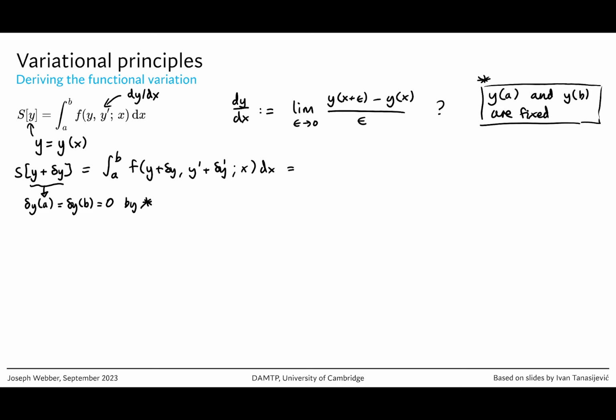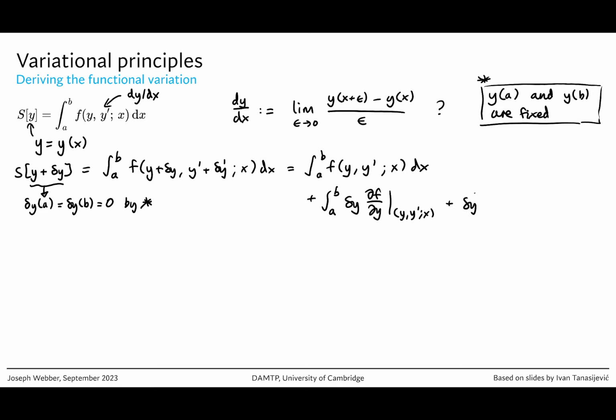So okay, let's Taylor expand this function inside the integral to first order in both delta y and delta y prime. So doing that, we're left with what we started with in the first place, plus these first order terms, all in an integral here. So we've got delta y df by dy, evaluated at y, y prime and x, the original variables.